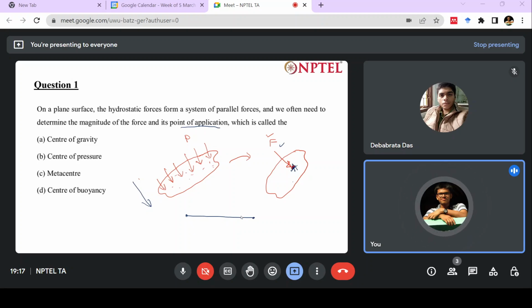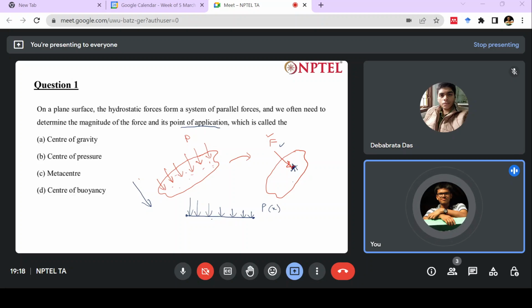We are seeing it from such a direction that we assume it to be a line, and we are also assuming that in the other dimension not represented here, outside or inside the plane of the screen, there is no variation. If we make that assumption, we can say this pressure is a function of x. So some varying pressure is being applied on this plate.